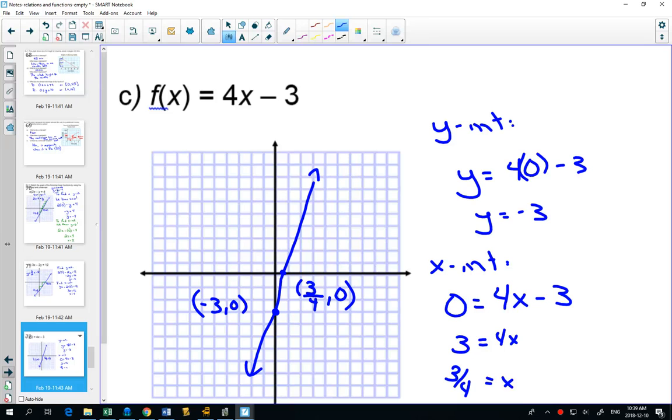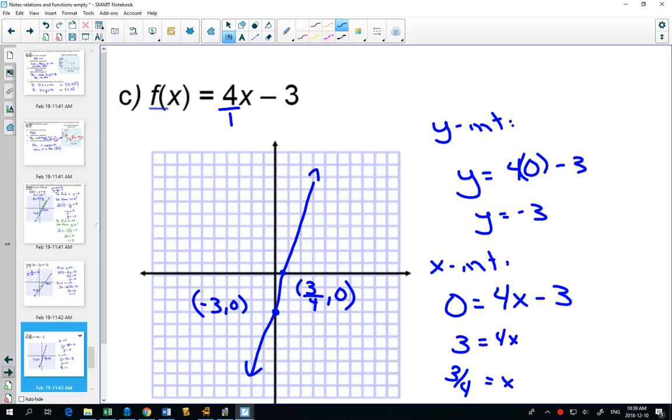So in this case, our x-intercept wasn't the prettiest point. 3/4, comma 0, had a fraction in it. It's not wrong. You can estimate where that fraction is, draw the point just like we did, connect them and draw your line. Okay?